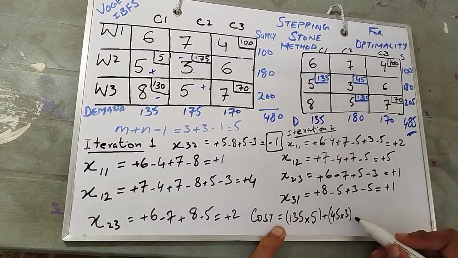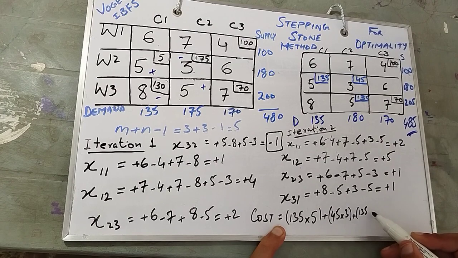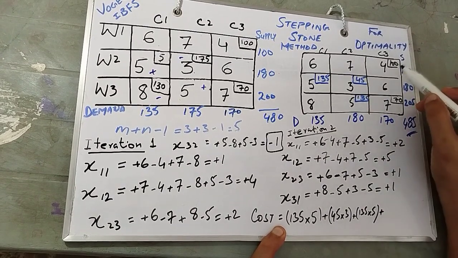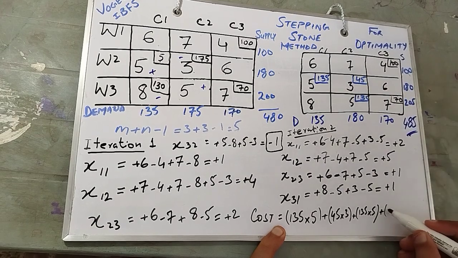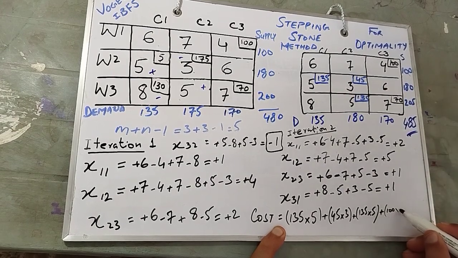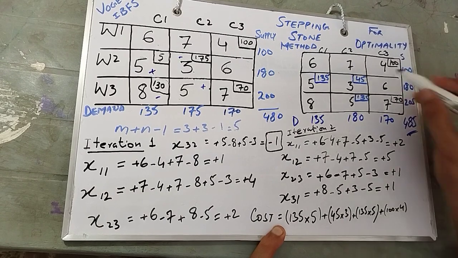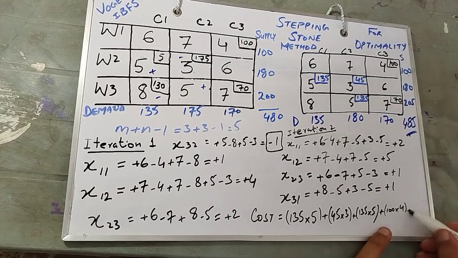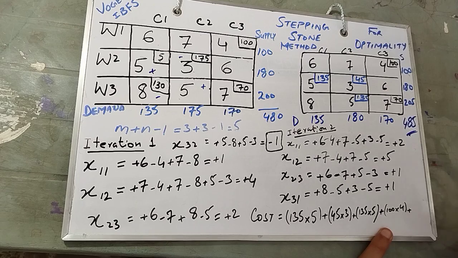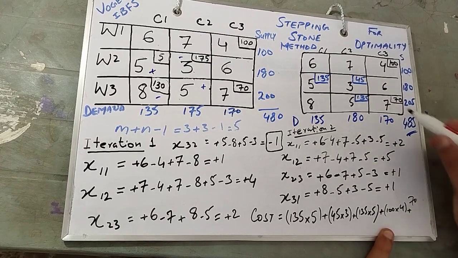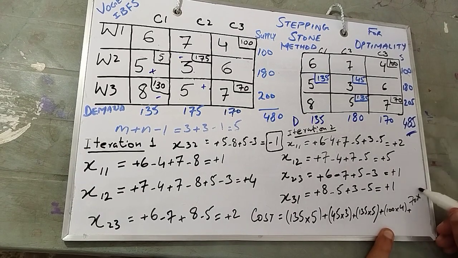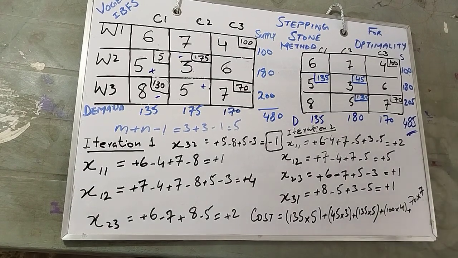Next is 135 quantity, and per unit cost is 5. Next is quantity 100, per unit cost is 4. Next is quantity 70, and per unit cost is 7. So you see, we just have to multiply and get the answer.